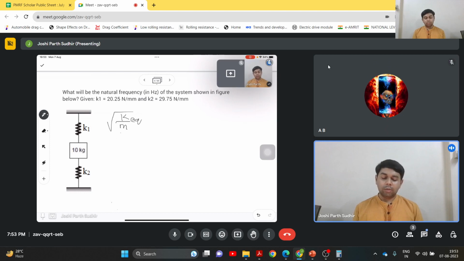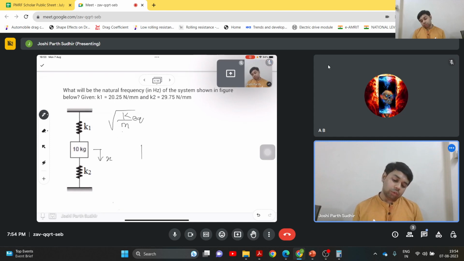Why are they in parallel? Because their deflection is the same. They are mounted between the same fixed support. If we move this mass by x, this spring will get stretched by x and this spring will compress by the same amount x.